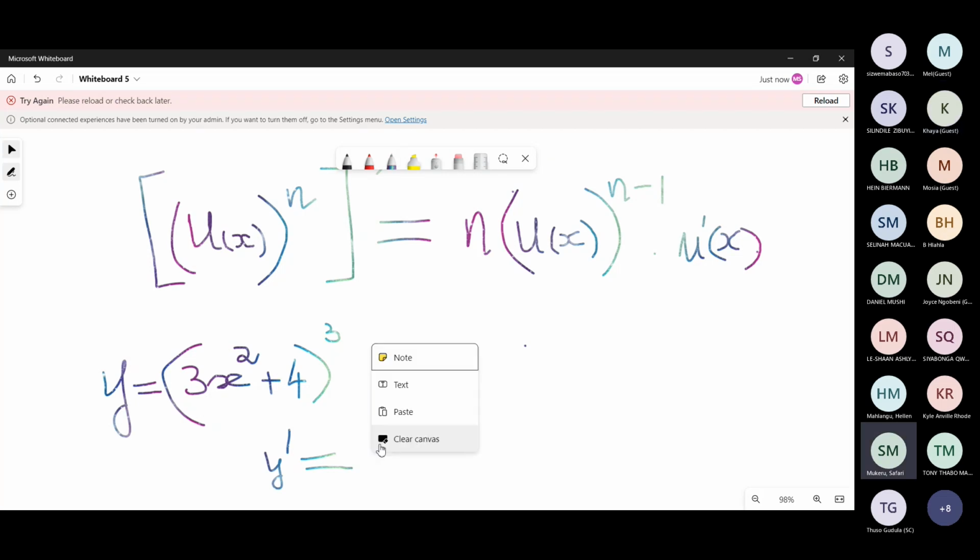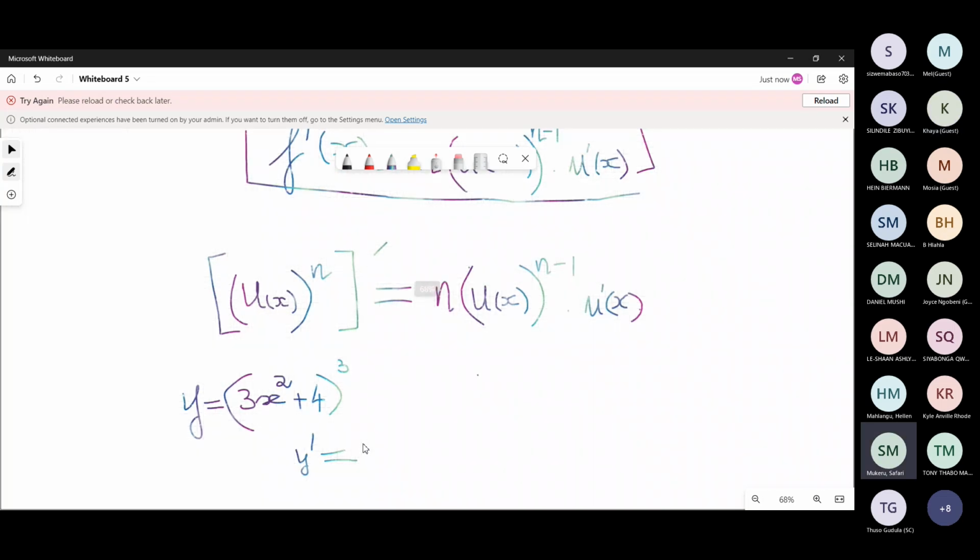Yes. Now we take the derivative. We apply simply the rule. The rule is here before you. See, the function is there. This is the function u at the power of 3, right?